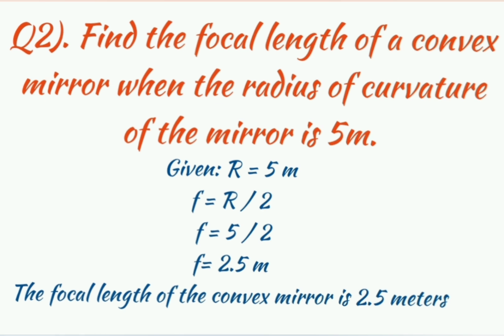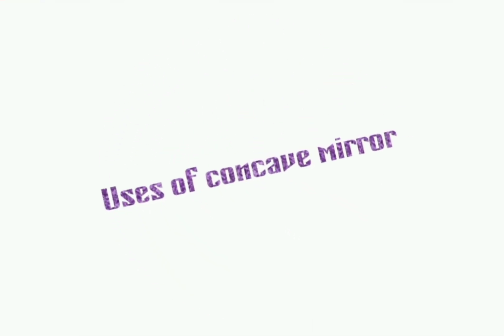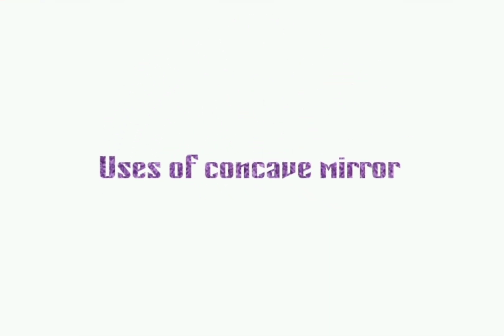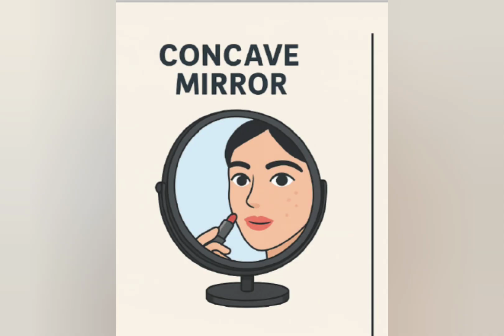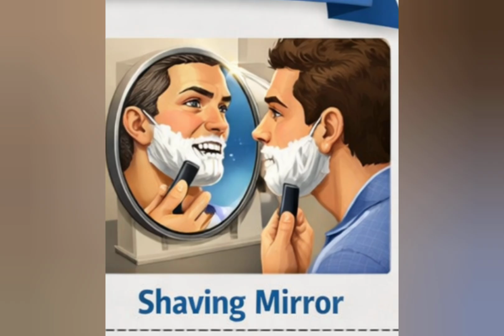Now let us understand the uses of concave and convex mirrors. First, concave mirror. Concave mirrors are used where we need to focus light or get magnified images. They are used as shaving mirrors and makeup mirrors because they give magnified images.